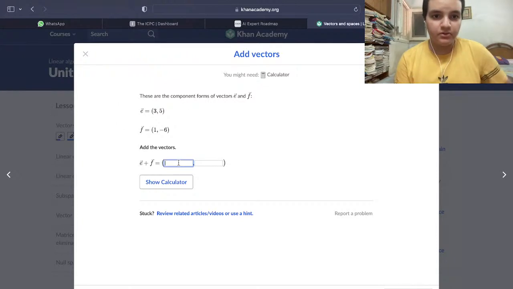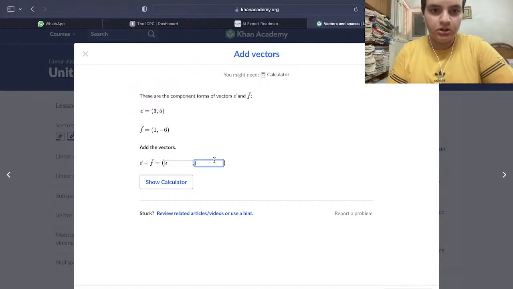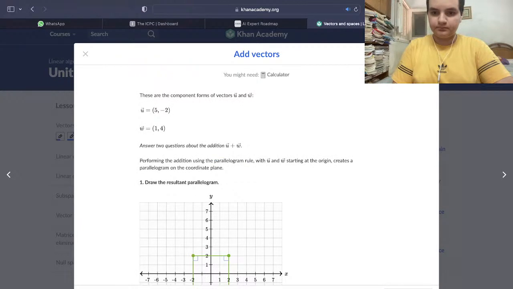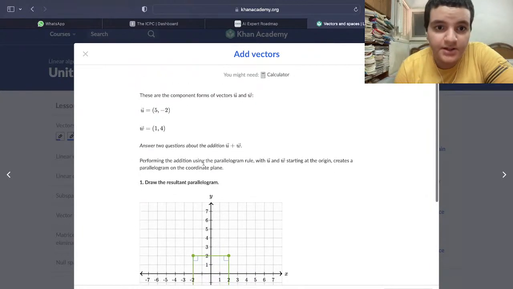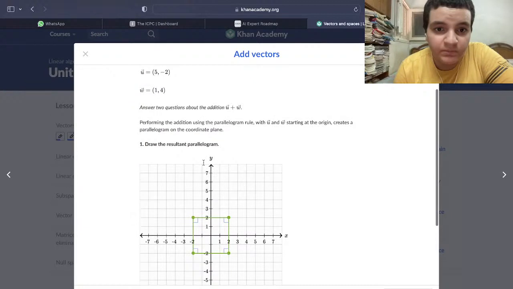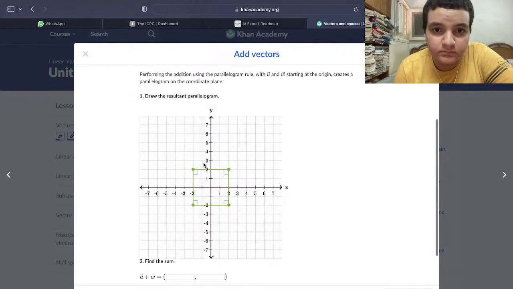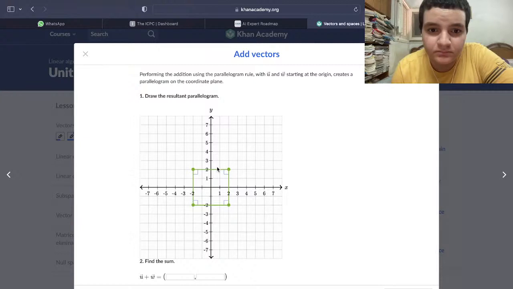So 3 plus 1 is 4. 5, that's negative 1. That's the component. Okay.